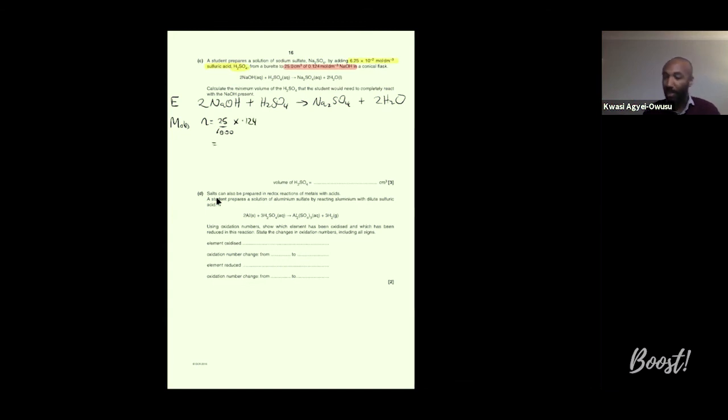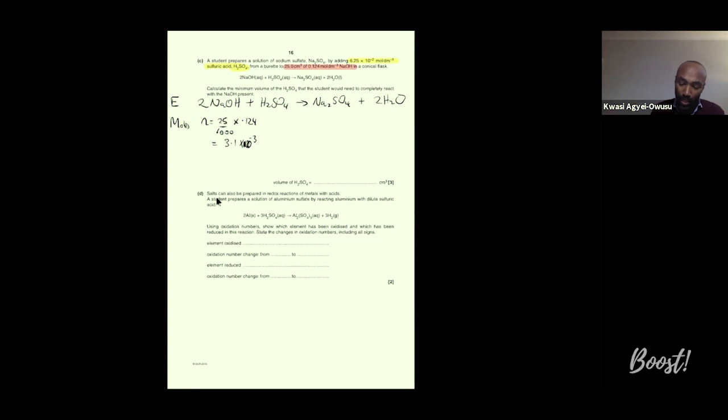If I take out my trusty calculator and do 0.025 times 0.124, we should find that we've got 3.1 times 10 to the minus 3 moles. Okay, so hopefully that is clear enough on your screens. So that's the first thing to do: the data we've been given allows us to work out the number of moles of our sodium hydroxide.